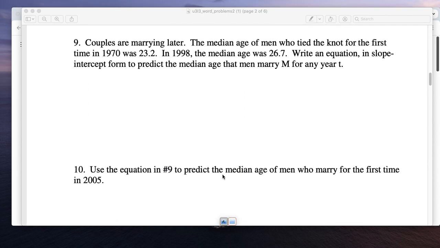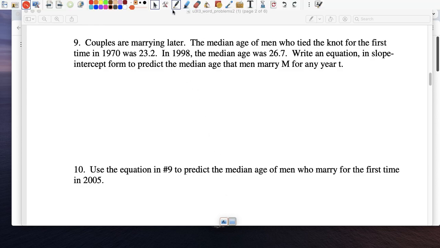Nine, couples are marrying later. That's for sure. The median age of men who tied the knot for the first time in 1970 was, okay, again, I need you to pretend that you're just recording this information. You just started because you're curious about this. So in 1972, let's call this 0, and 0 is actually 1972.